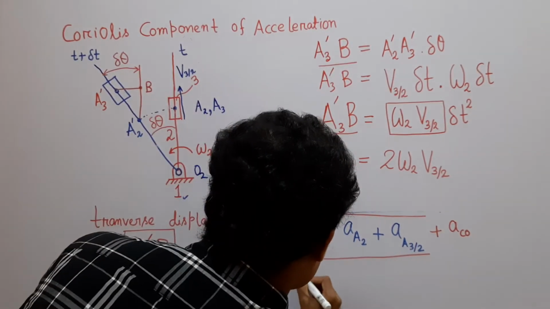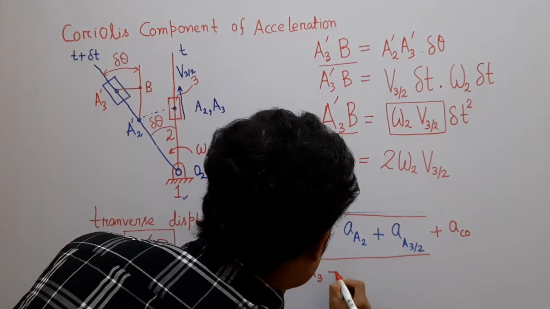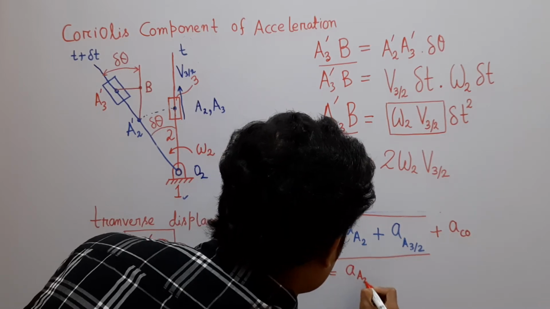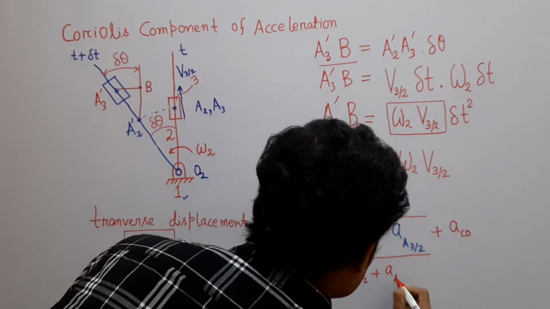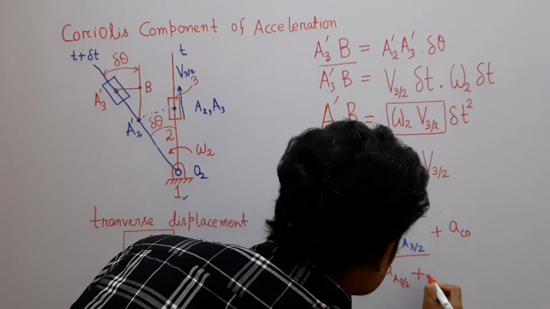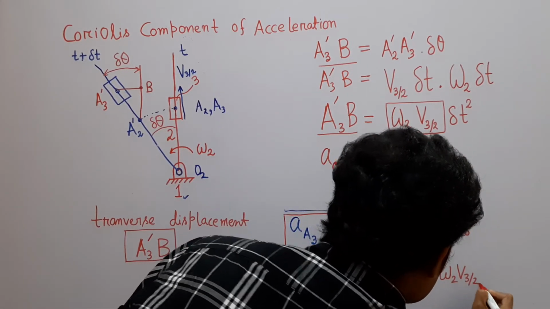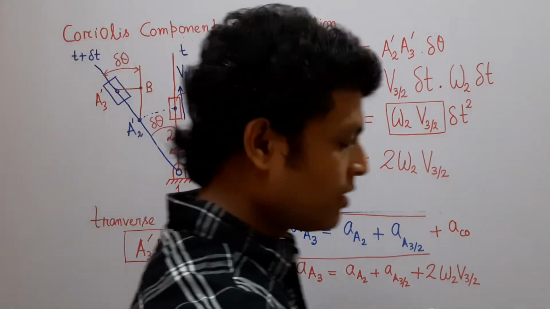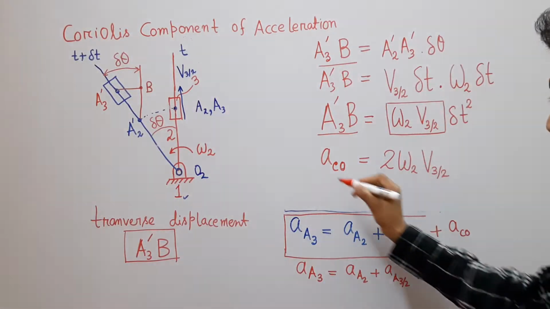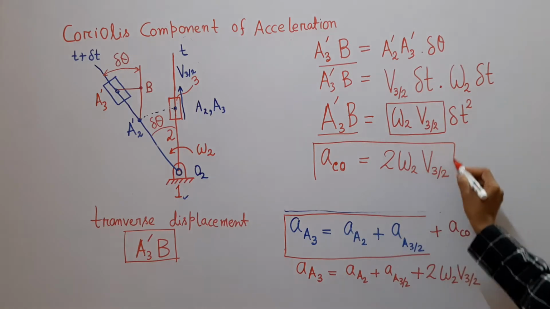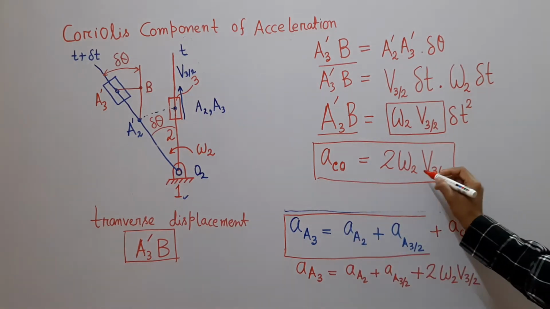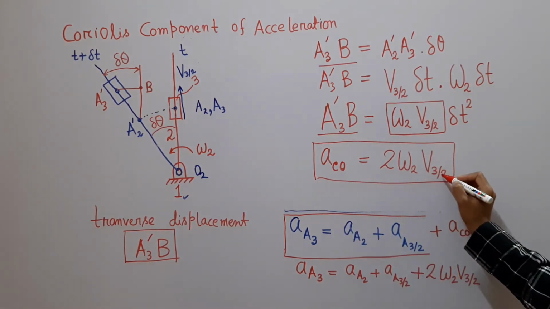So the acceleration equation becomes A3 is equal to AA2 plus AA3 by 2 plus 2 omega 2 V3 by 2. So this is the magnitude of Coriolis component of acceleration, 2 omega 2 into V3 by 2.